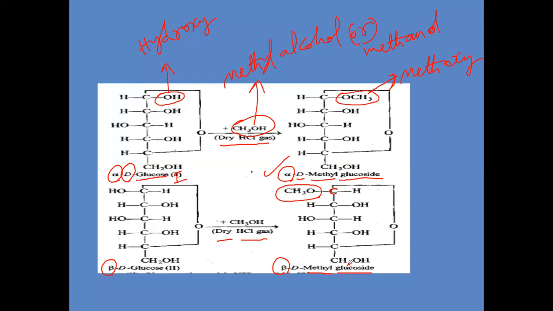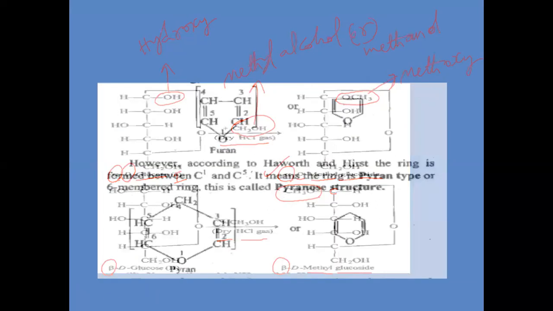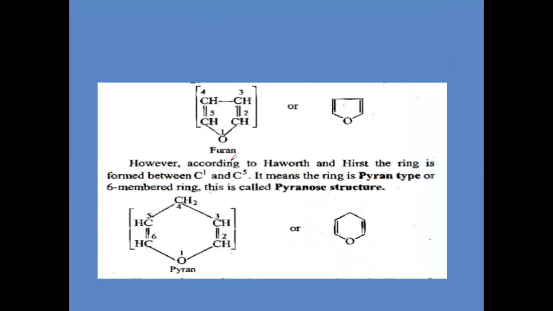So these are important reactions of glucose. Okay. Next. Generally we said fructofuranose and glucopyranose. Pyran means a 6-membered ring, like this, a 6-membered ring with 2 double bonds and oxygen.